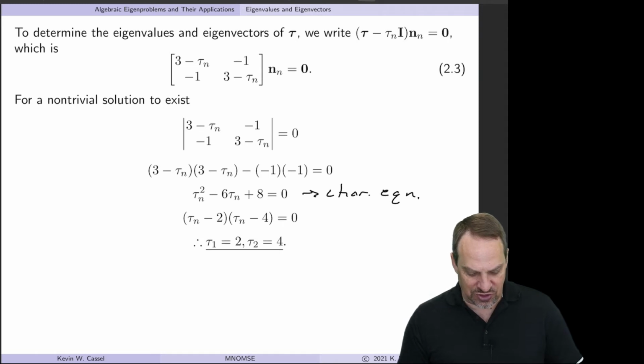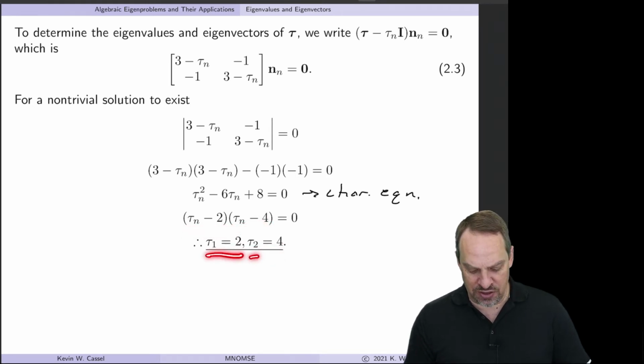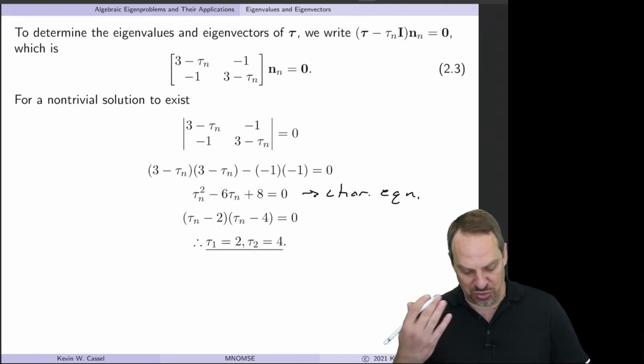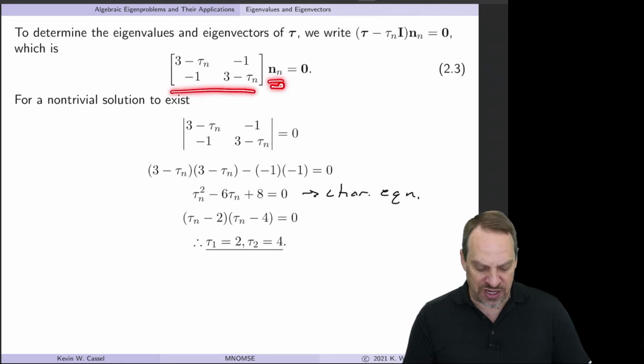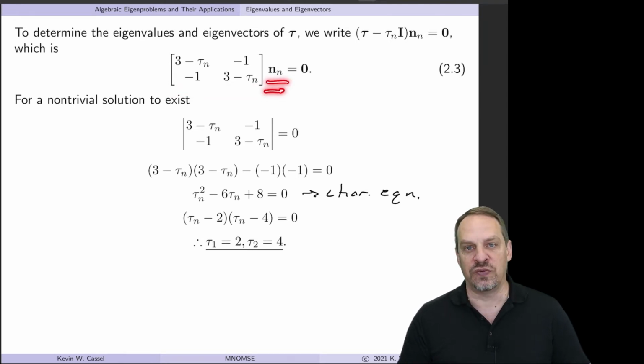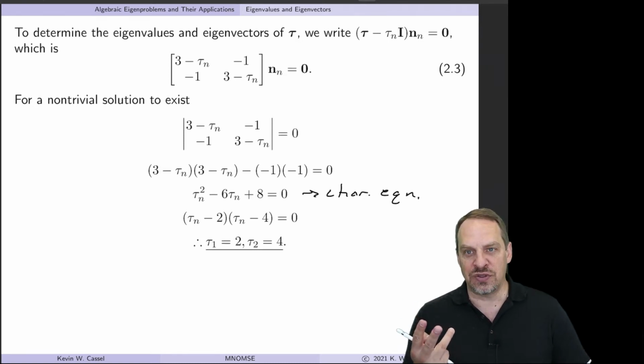That's the characteristic equation, which we can then factor to get the two values of tau that satisfy it. So 2 and 4. If you put 2 back in, you will find that you get a non-trivial solution for n. You put 4 back in, you'll get a non-trivial solution for n. And that's exactly what we're looking for. So we have the eigenvalues.